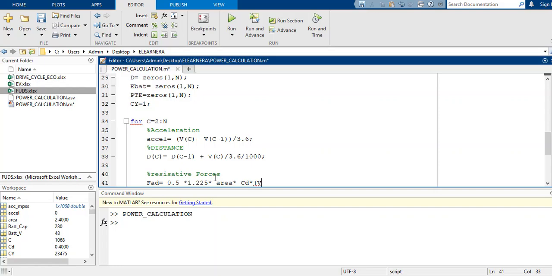So velocity in matrix form divided by 3.6 for meters per second, the bracket complete, and we want its square. Then we note it as aerodynamic drag.